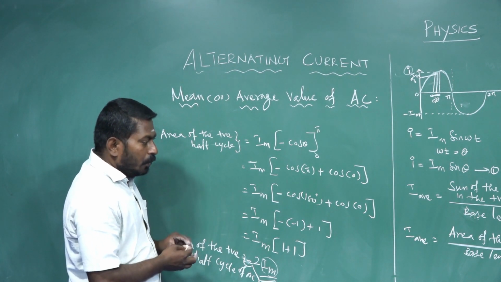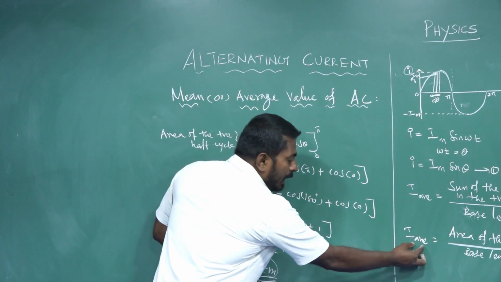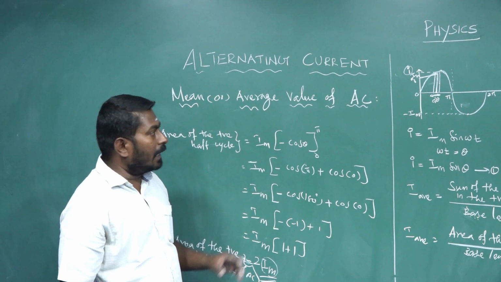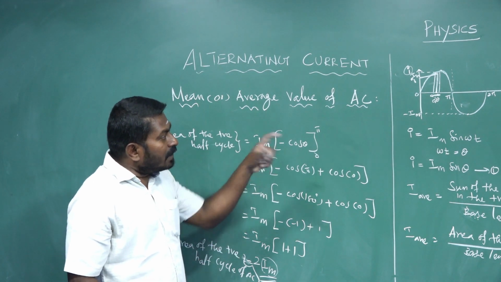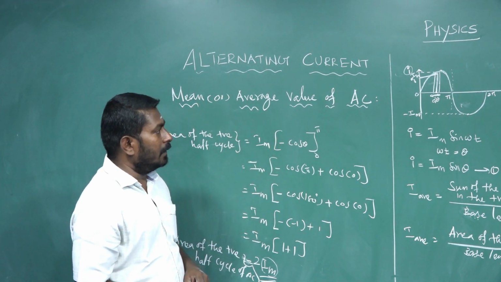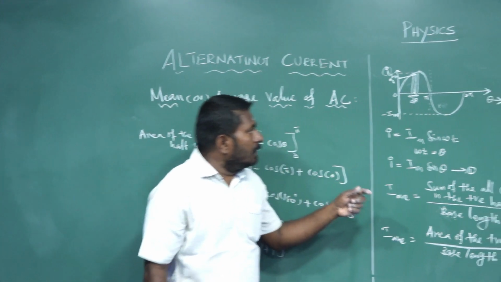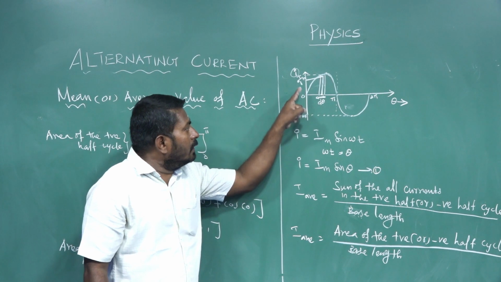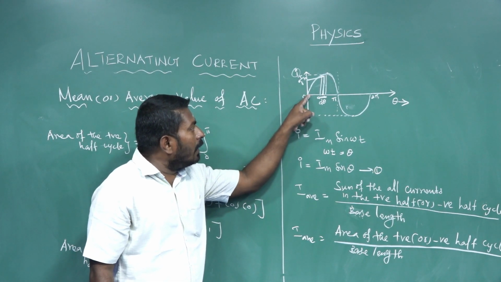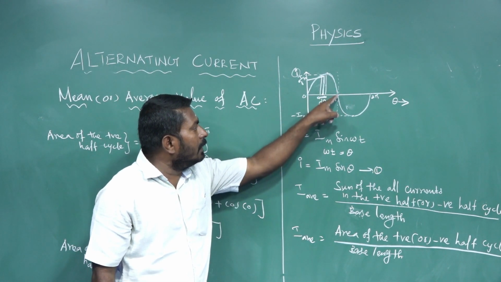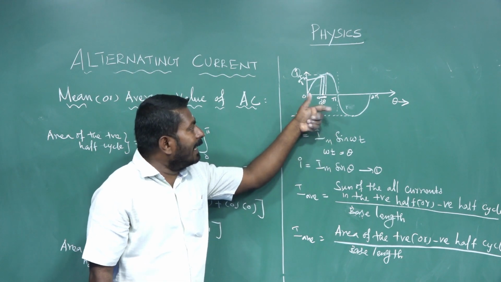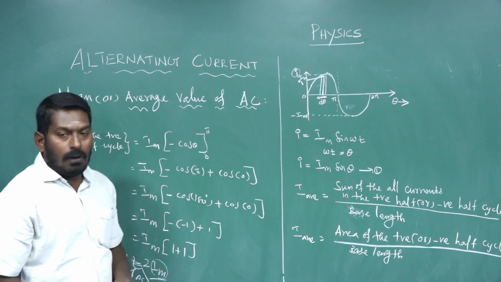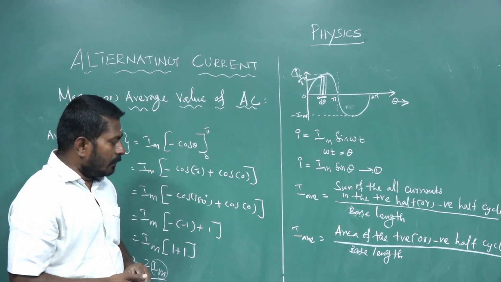But our aim is calculating the average value or mean value of alternating current over a positive half cycle or negative half cycle. We can define the mean or average value as the sum of all the currents in the positive half cycle or negative half cycle, taken the mean value.